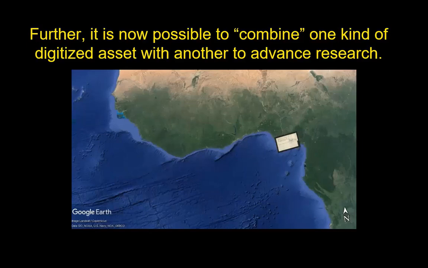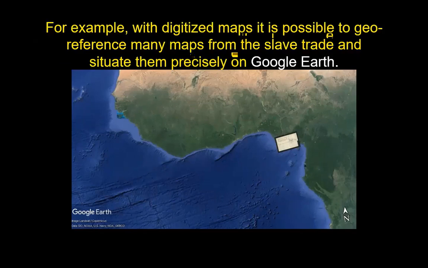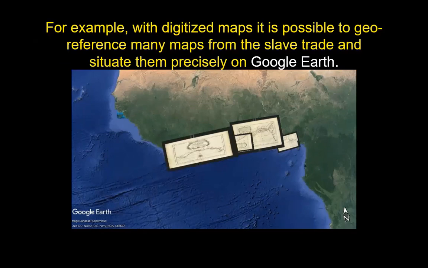Further, it's now possible to combine one kind of digitized asset with another to advance research. You can place these historical maps of Africa on top of a geo-referenced substrate within Google Earth and situate them precisely in such a way that you can start to retrace in detail what the coast looked like to those who were engaged in the slave trade.